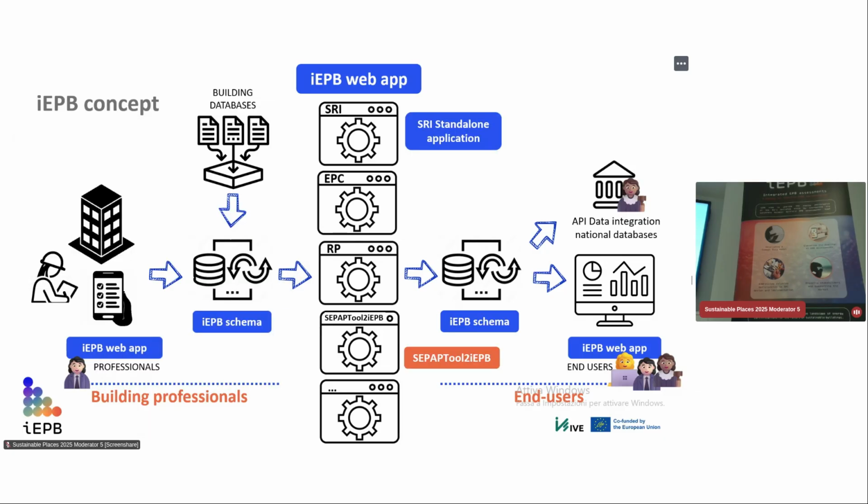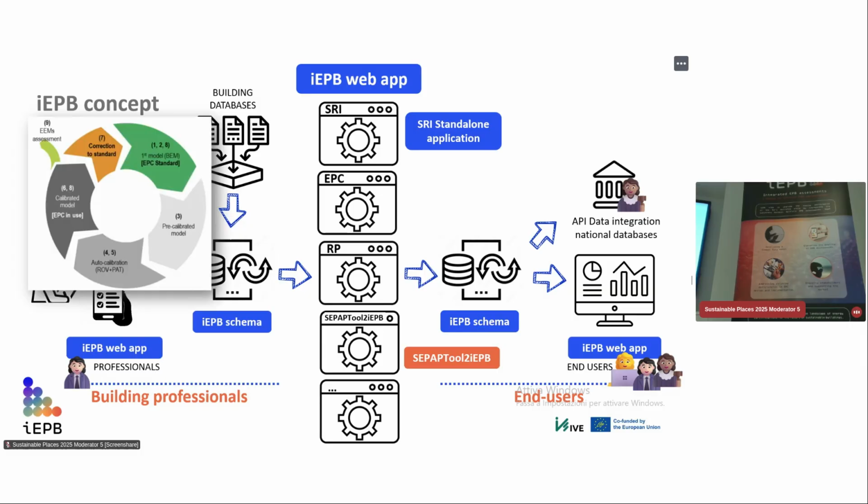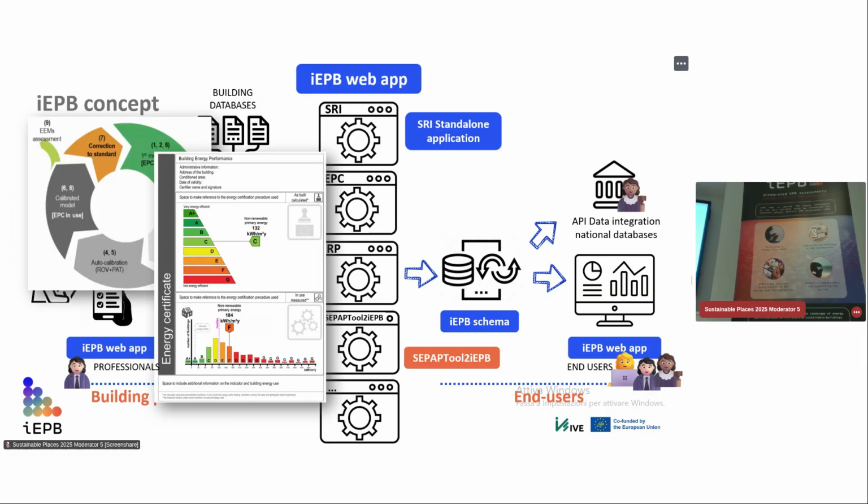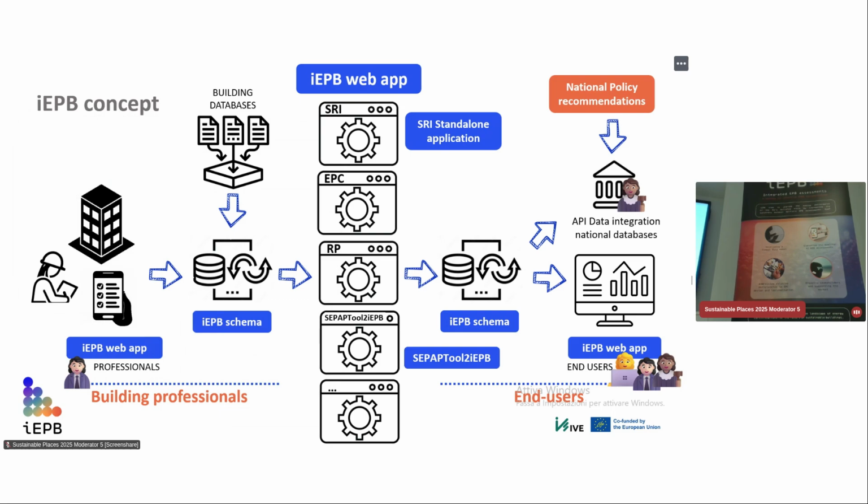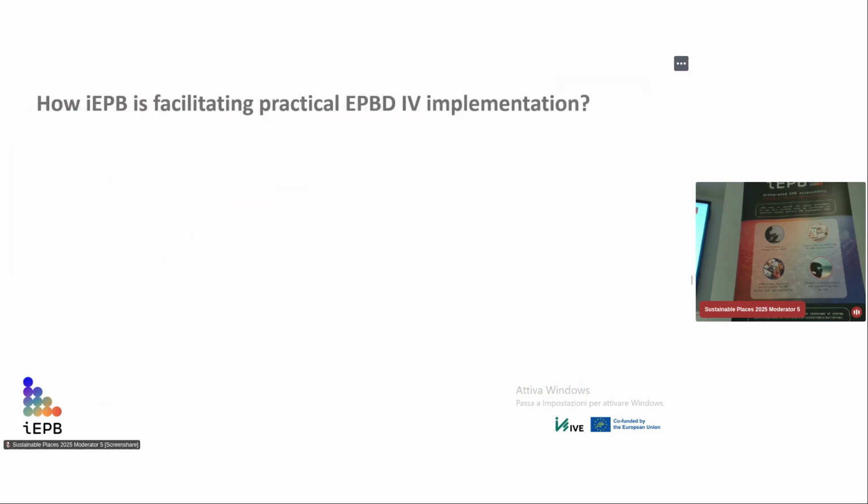We have the guidelines of the tool, and we have also implemented the IPB schema in the SEPA tool to provide EPB assessment with real performance data with calibrated models. Well, some screenshots. And we are also preparing national policy recommendations.